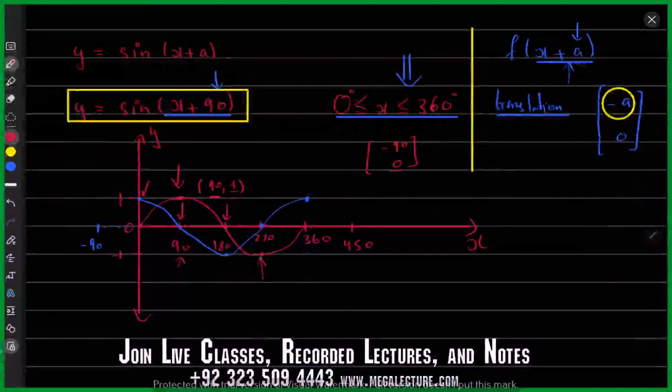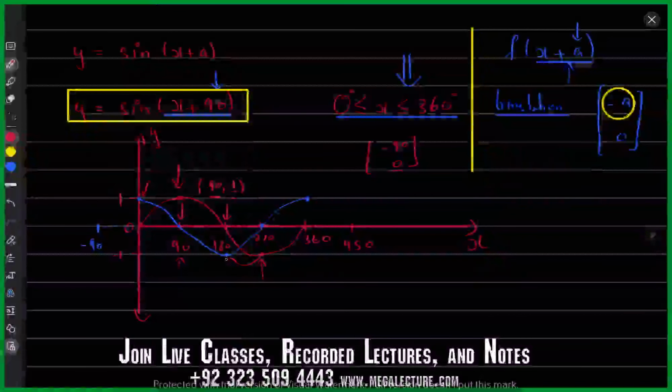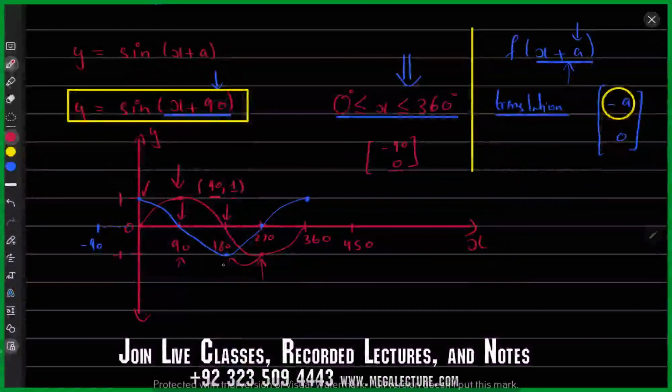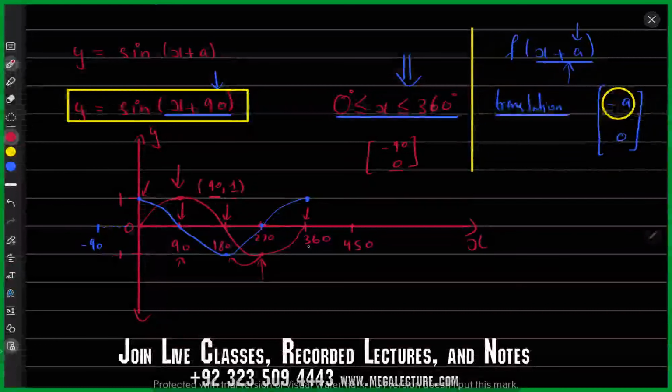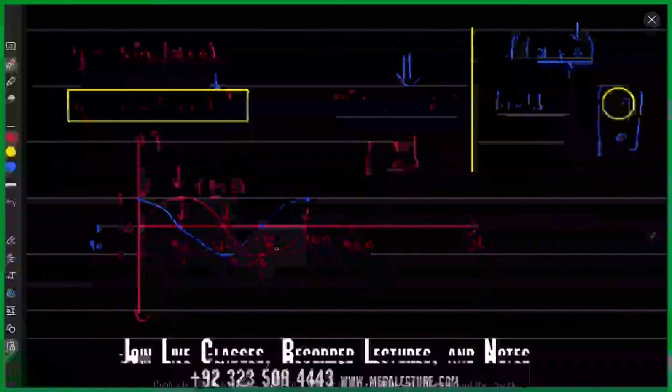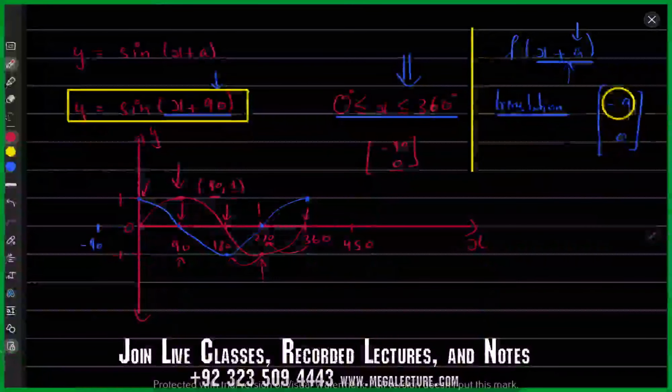I've just moved this 90 units back and I got this point. Again, this point still has y coordinate as minus 1. Only the x coordinate has changed. Let's talk about this one. My y coordinate is 0 and x coordinate is 360. So I've moved this 90 units to the back. Only the x coordinate has changed. The y coordinate is still 0.